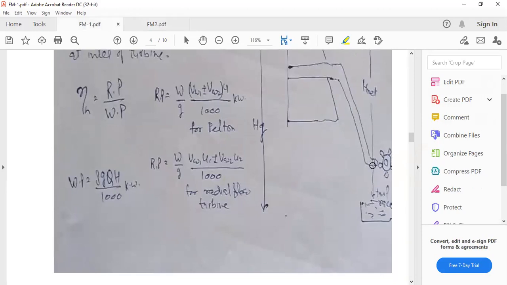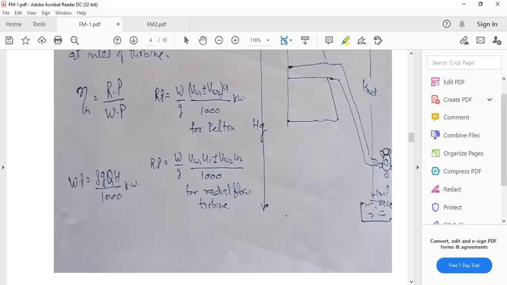As we stop the water supply, these runners or blades which were moving must be stopped immediately, but they keep rotating due to inertia.